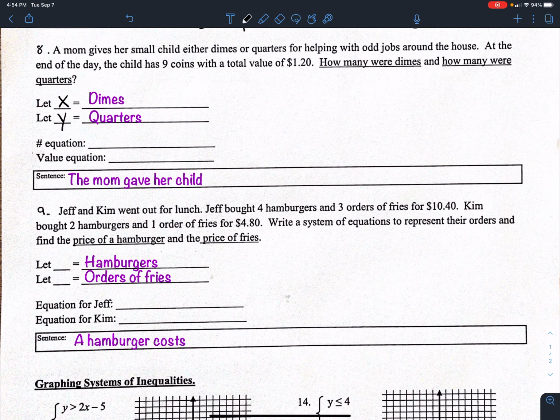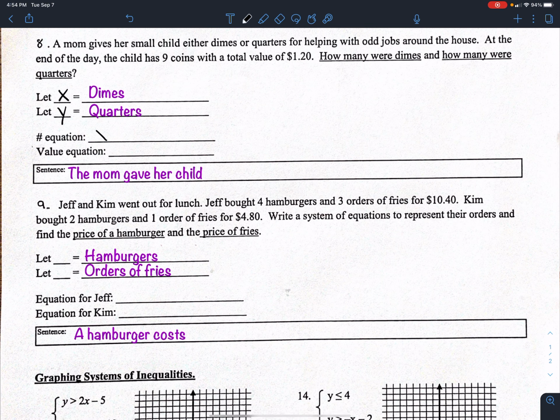Okay. So in this one, we have to have a number equation. When we're looking for the number of coins he has, we don't know how many dimes he has, we don't know how many quarters he has, but we know we're going to add them together to get the total of 9 coins. Now the value of the coins.